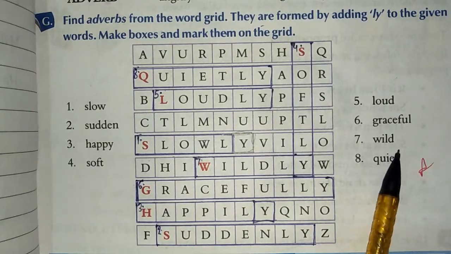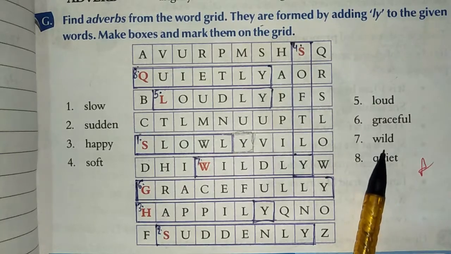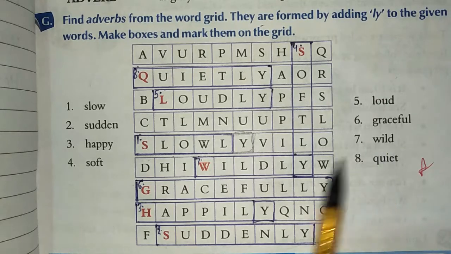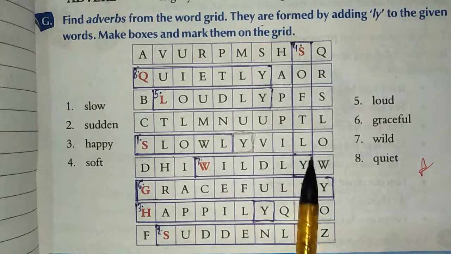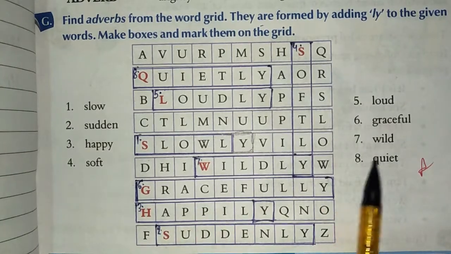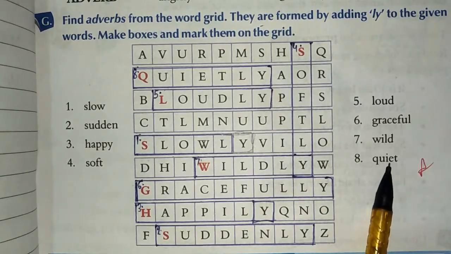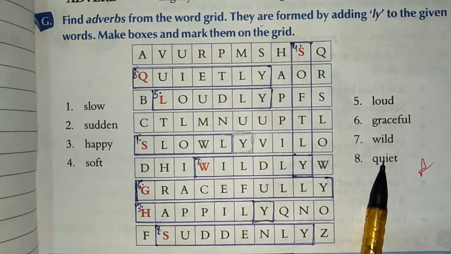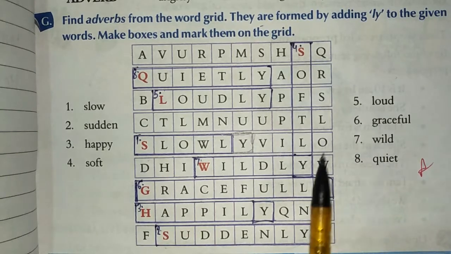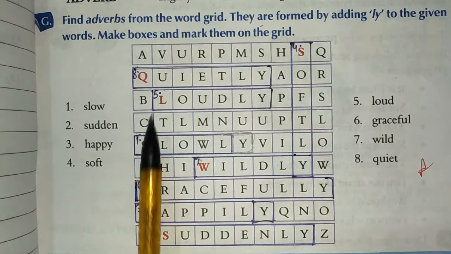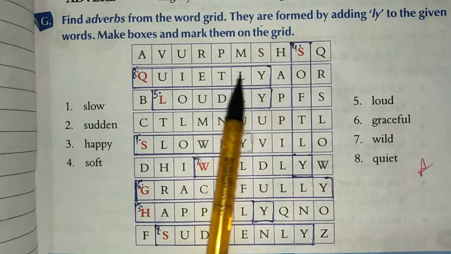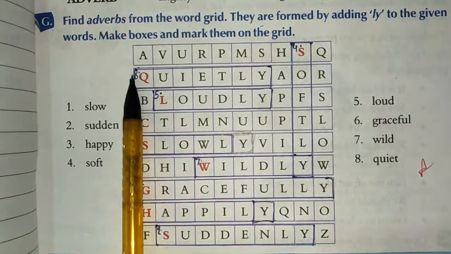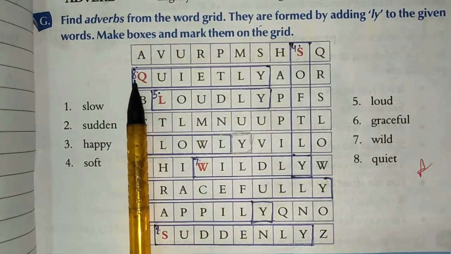Number 7 is wild. तो अब आपको वाइल्ड से एडवर्ब फॉर्म करना है. दैट मीन्स अगर हम लोग वाइल्ड में ly ऐड कर देंगे तो क्या हो जाएगा? वाइल्डली. सो WILDLY. वाइल्डली. राइट नंबर 7 हियर. एंड 8 इज क्वाइट. क्वाइट. अब क्वाइट में ly ऐड करेंगे तो क्या हो जाएगा? क्वाइटली. सो वेयर इज क्वाइटली? सी, Q is given here. QUIETLY. Quietly. So make box and write number 8 here.